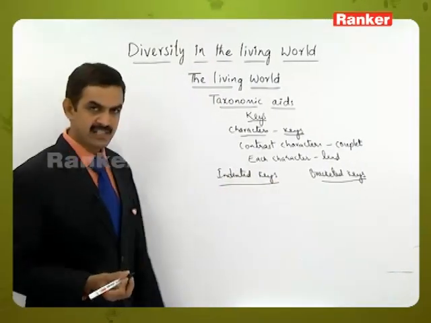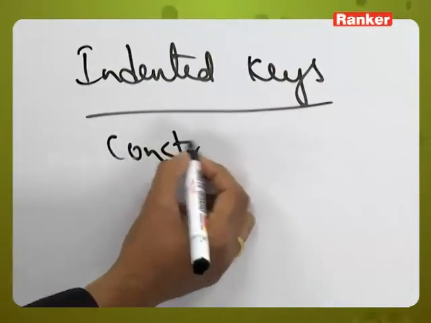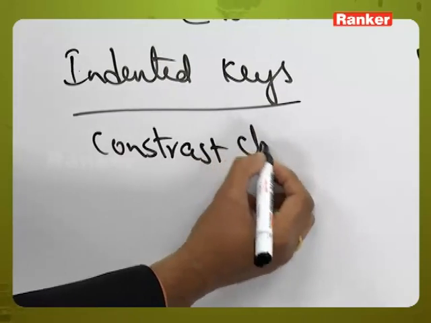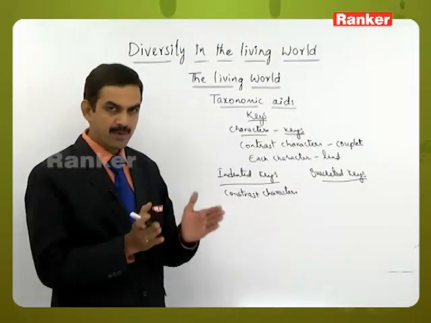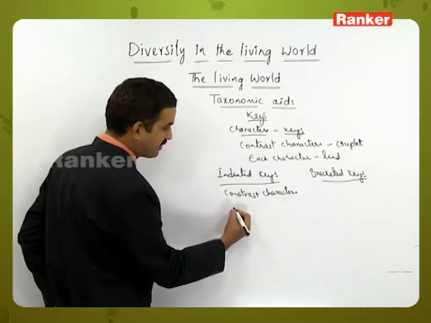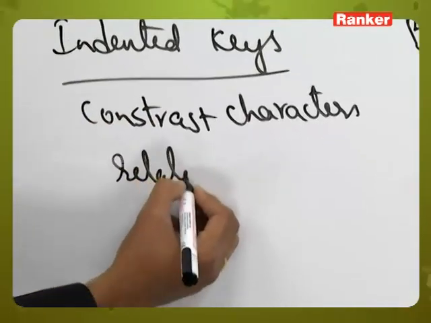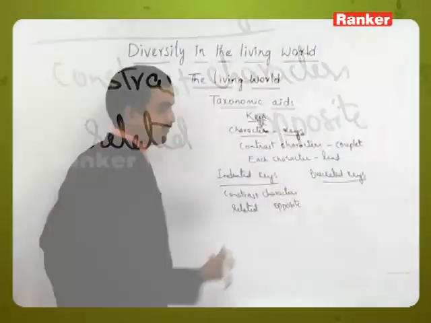In the indented keys, as I said, two contrast characters will be there. Out of these two contrast characters, each one is separated, and one is a related character, one is an opposite character.